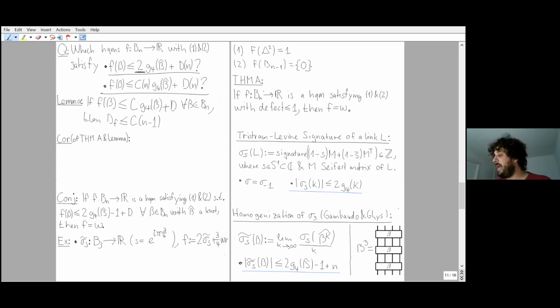So remember by theorem A, I rewrote it for you over here. We know that if the defect is too small, then it's actually exactly equal to 1, and you have to be the fractional Dehn twist coefficient. That's what theorem A said.